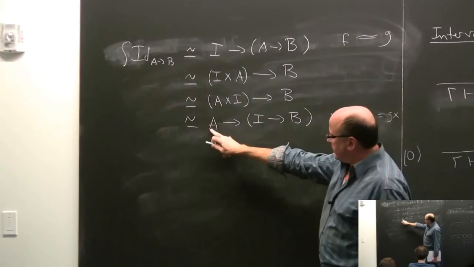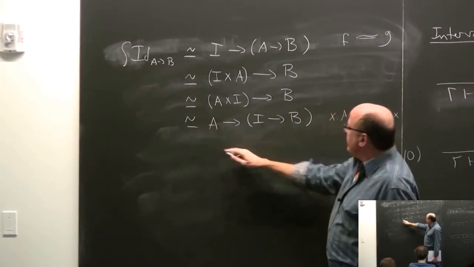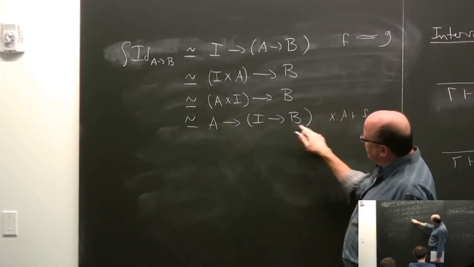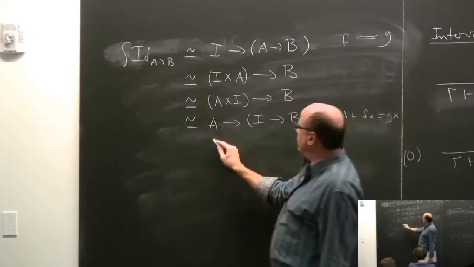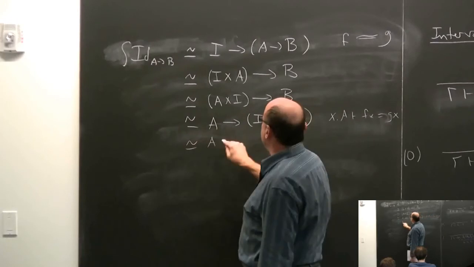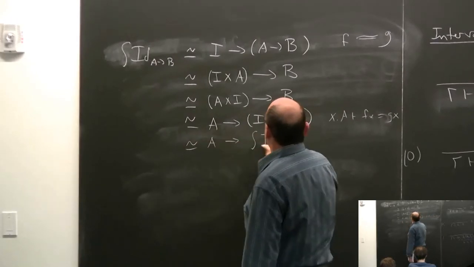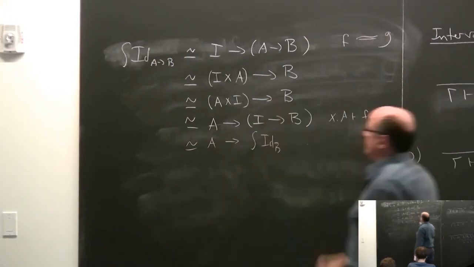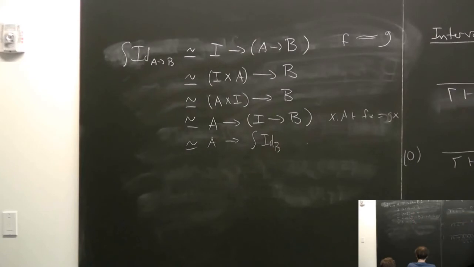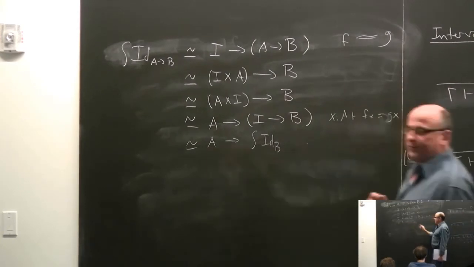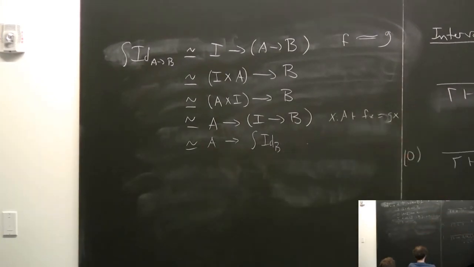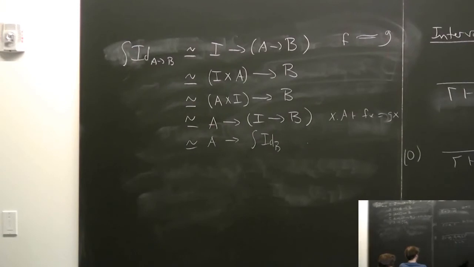Because for every x you take in here, you're going to get a path, a conventional path, from I to A arrow B. So this is really, by applying the remark again, a path in B. So what happens is a path in a function space is a parameterized family of paths in the range. So it's kind of cute how that works out.